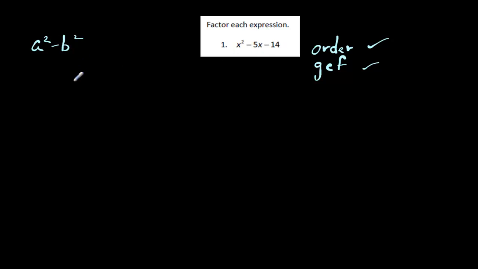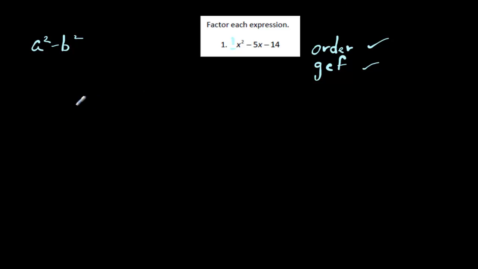Is it a perfect square trinomial? No, because the ends are not perfect squares. This is a perfect square, but 14 is not. So it's just a regular run-of-the-mill trinomial. It's an easy trinomial, and we know that because the lead coefficient is 1 here.